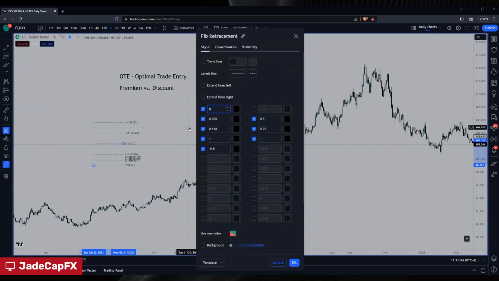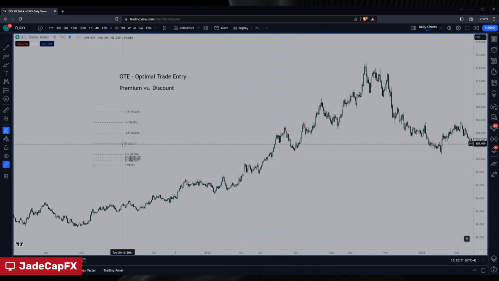I'm most interested in the 0.5, which is equilibrium, the 0.618, which is considered optimal trade entry, 0.705, 0.79, and 1. And then negative 0.5 and negative 1 can be our targets, our measured targets. You can even have negative 1.5 in there if you really want it.